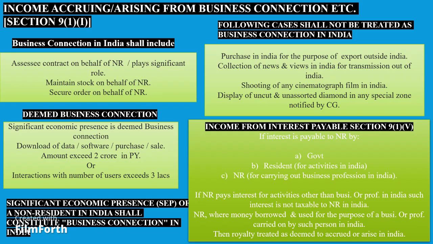Independent status applies where a broker, general commission agent or any other agent does not work mainly or wholly on behalf of a NR or other non-residents under the same common control and management.